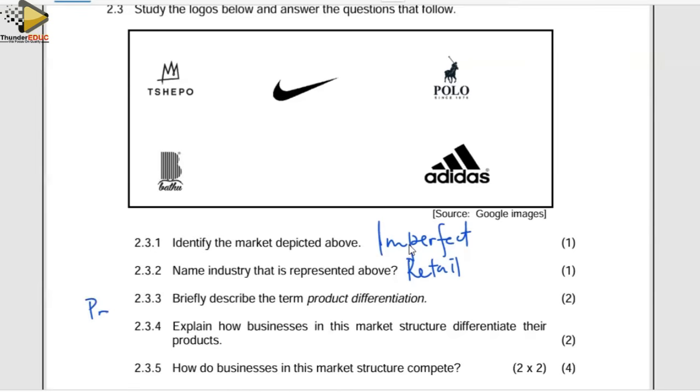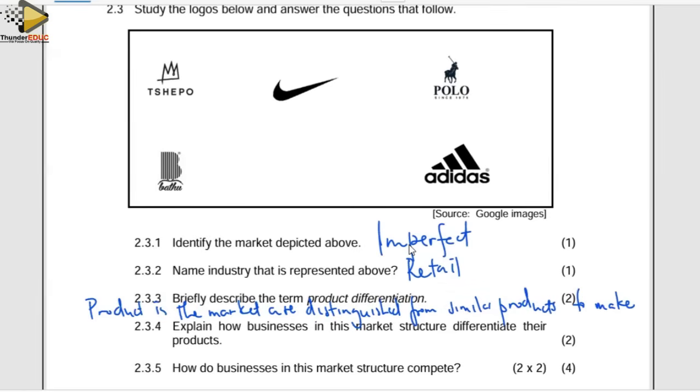We are saying products in the market are distinguished from similar products to make them more attractive to the customer.